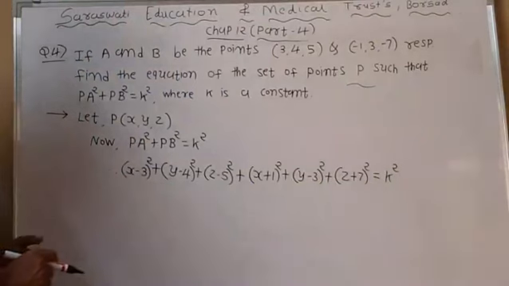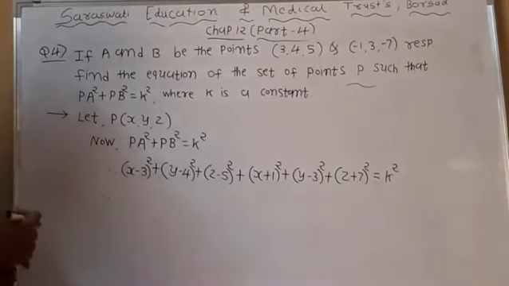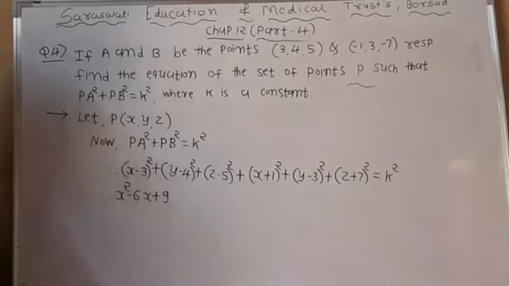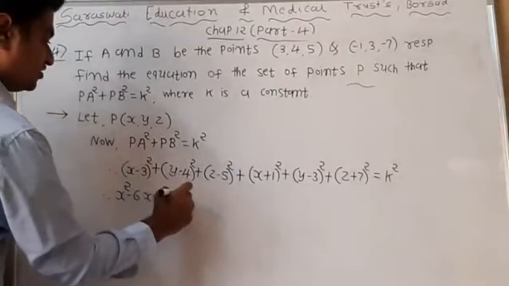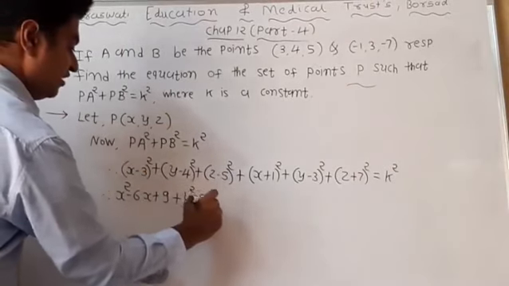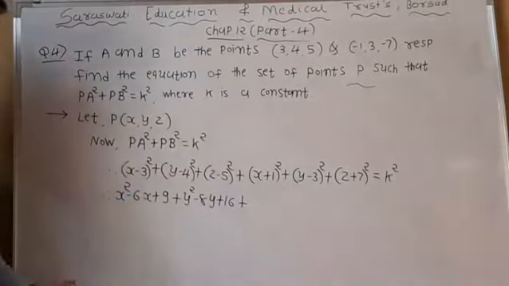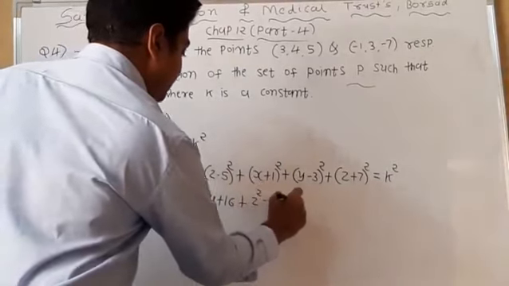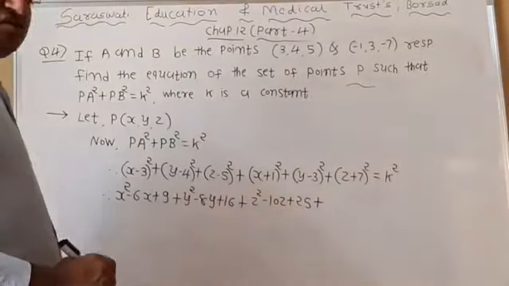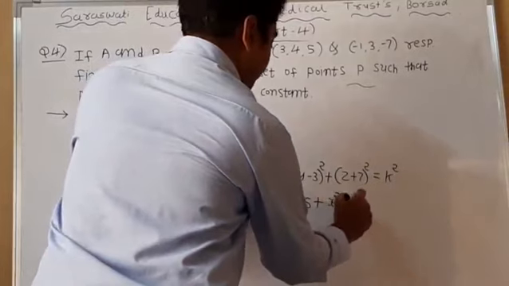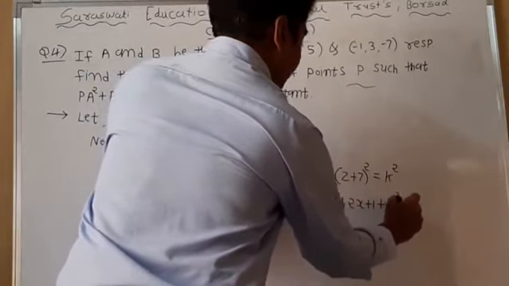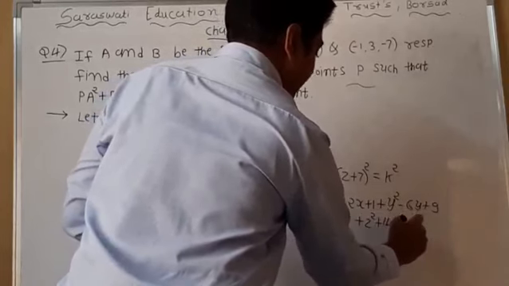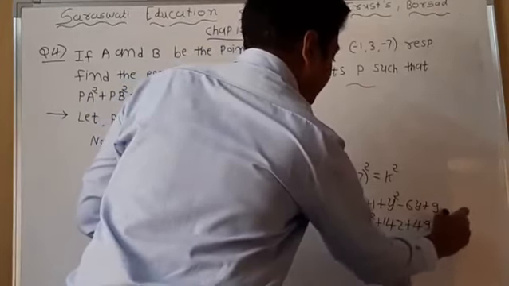Now simplify this. (x - 3) whole square means x square - 6x + 9, plus y square - 8y + 16, plus (z - 5) whole square, using the (a - b) whole square identity, z square - 10z + 25, plus again by the same identity x square + 2x + 1 plus y square - 6y + 9 plus z square + 14z + 49 is equal to K square.